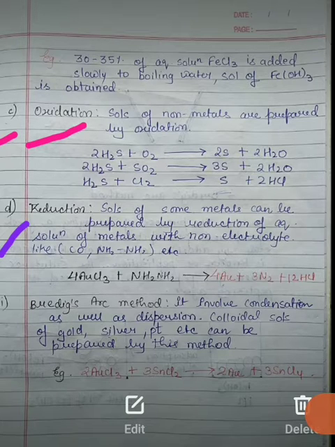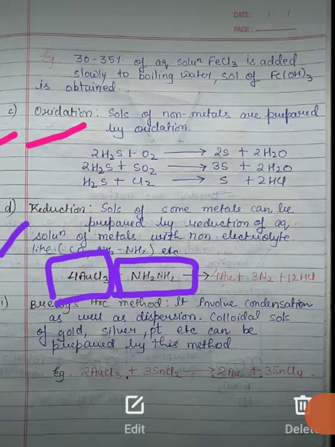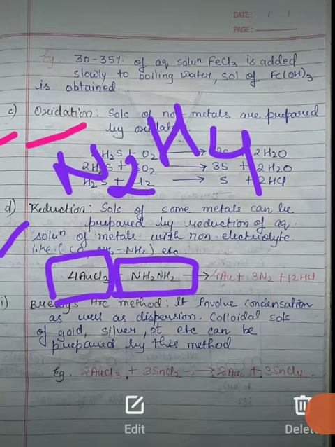Suppose here you can see AuCl3, a solution of a metal salt, and we react it with N2H4, which you can see has 2 atoms of N and 4 atoms of H. When they react together, they form the gold sol. Gold is a metal. So this is about the reduction process.